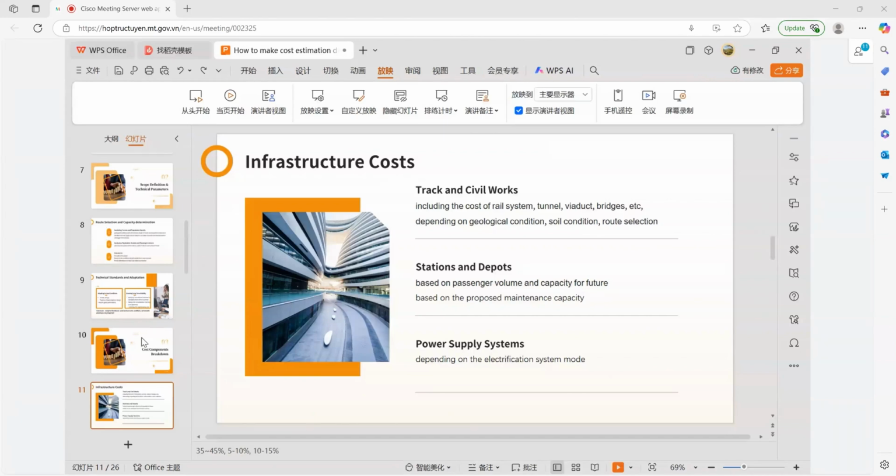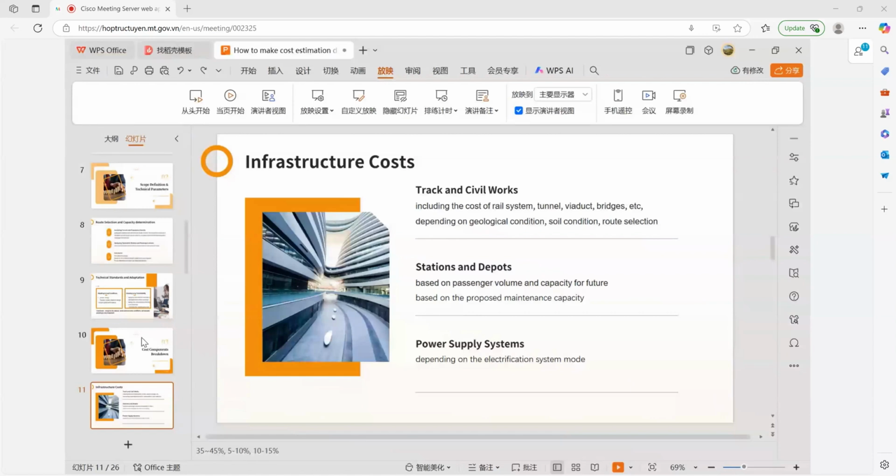And also for the infrastructure costs, we need to define the stations. The infrastructure costs shall also include the cost for stations and the depots, of which the capacity and positions will be determined by the passenger volume and the proposed maintenance capacity.